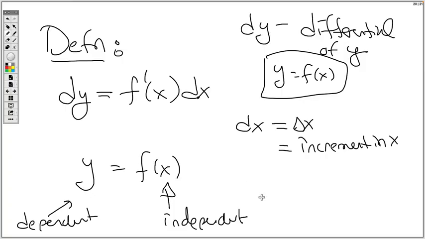So local linearity, another way to express local linearity is that the change on the curve can be approximated by the change on the tangent line. In other words, delta y can be approximated by dy.